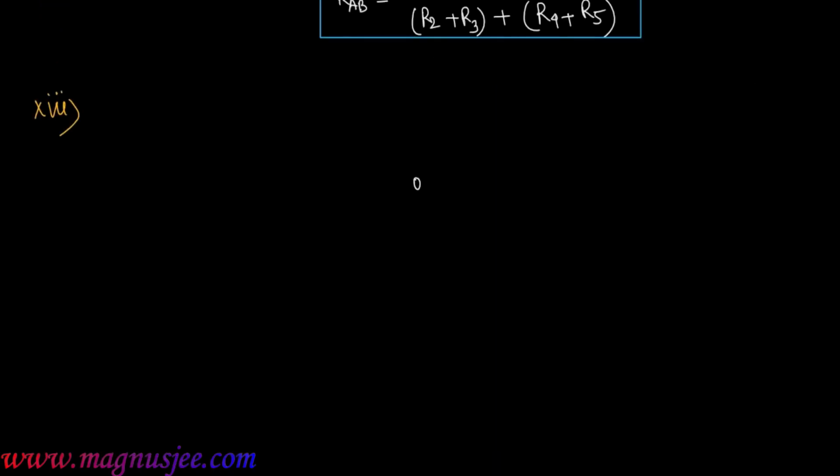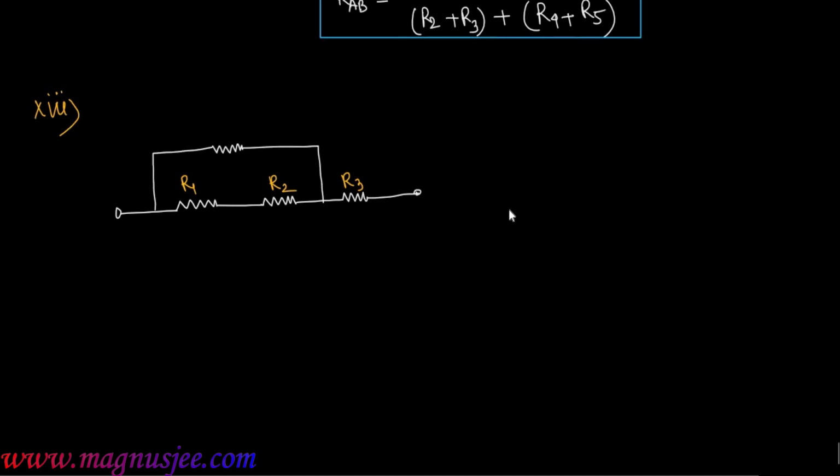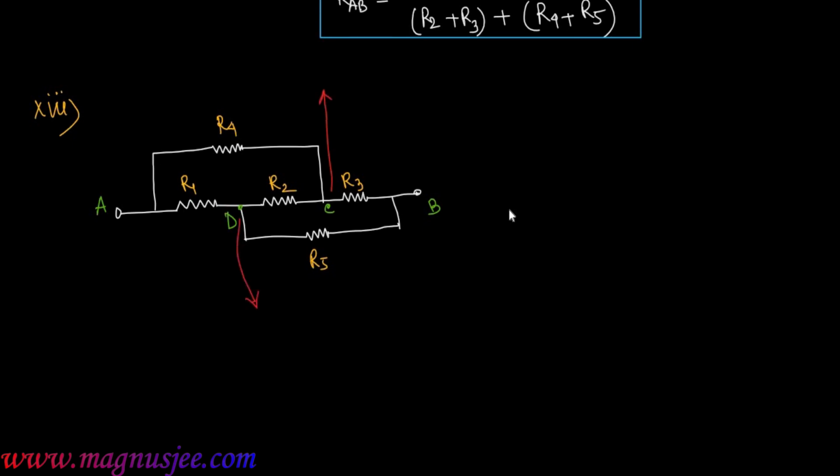Number 12 formula or concept. In this case, again 5 resistors will be connected between the 2 points A and B. These are the 3 resistors R1, R2, R3, and the fourth resistor R4 is connected across R1, R2, and the fifth resistor R5 is connected between the 2 points C, B, D and B. R4 is connected between E and C. If R4 and R5 are pulled upwards and downwards, in that case this circuit will have this type of shape.